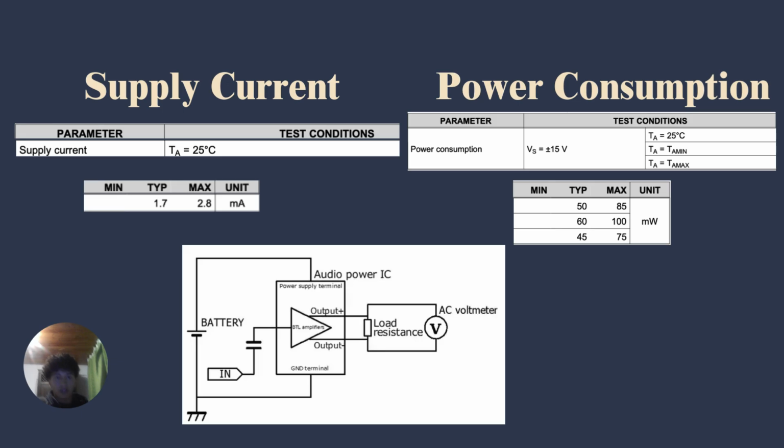Now we're gonna go with power consumption. Power consumption in an operational amplifier refers to the amount of electrical power it uses during operation, typically measured in milliwatts or microwatts. It depends on the supply voltage and the current drawn by the op amp. Low power op amps, such as CMOS based designs, consume only a few microwatts, making them ideal for battery powered applications.